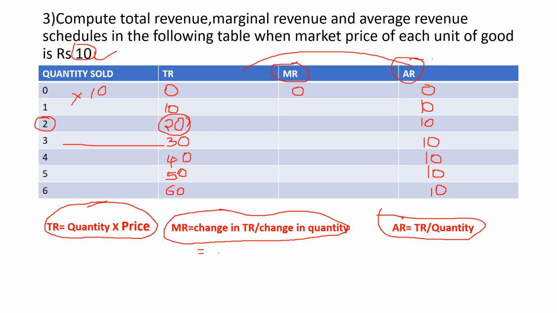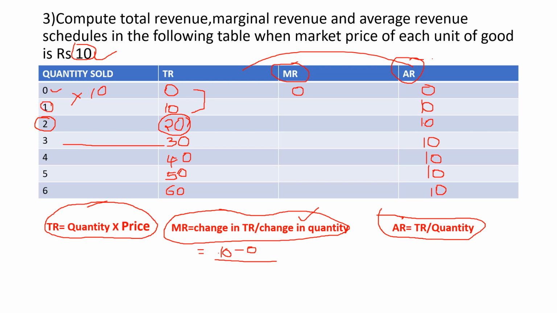Let us calculate starting from the second one. Change in total revenue: it was 0 and now it is 10. So how will you calculate? 10 minus before it was 0, divided by change in quantity. How do you write change in quantity? 1 minus 0.